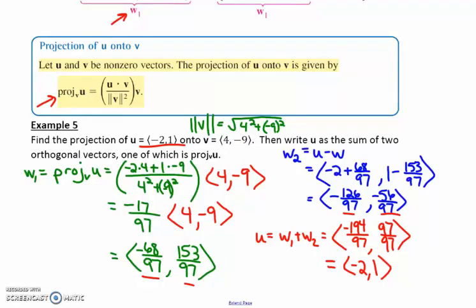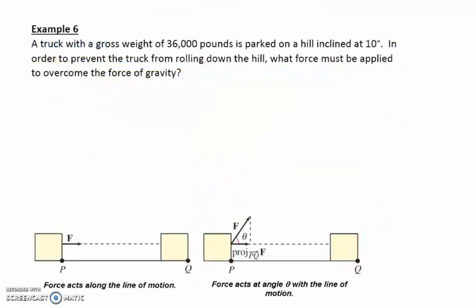All right, let's take a look at a situational problem. A truck with a gross weight of 36,000 pounds is parked on a hill inclined at 10 degrees. So here is my hill that is 10 degrees. And I have a truck here.